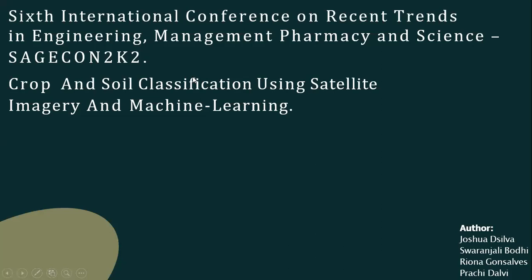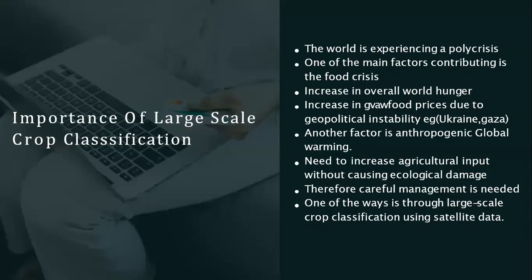Crop and soil classification using satellite imagery and machine learning. So what's the importance of large-scale crop classification? Our world is currently experiencing a polycrisis, which is basically a result of many crises which combine together in order to create a global crisis.